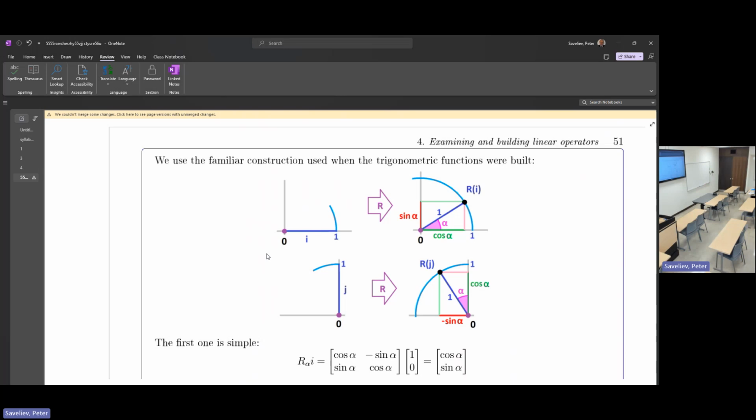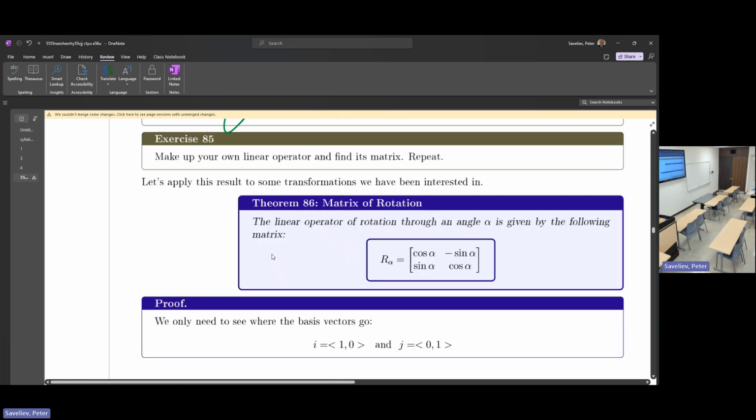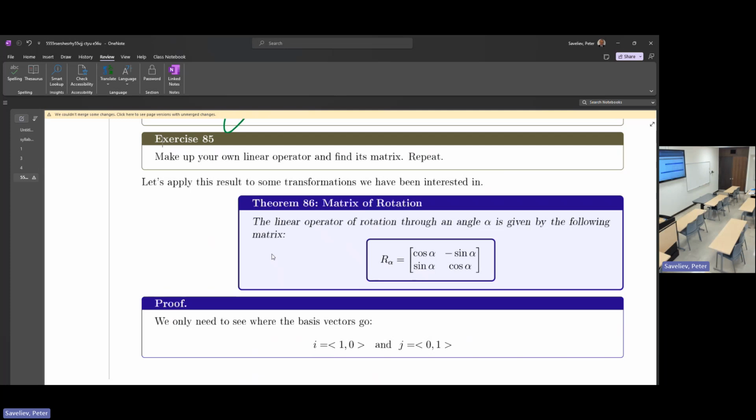If you start with (1, 0) and rotate by alpha, you have this triangle, and on the unit circle the coordinates of that point are the cosine and sine of the angle. That's the definition of sine and cosine, and so that's the matrix. There is a certain symmetry to it: cosine appears twice on the main diagonal, and sine with the negative sign appears on the other diagonal.